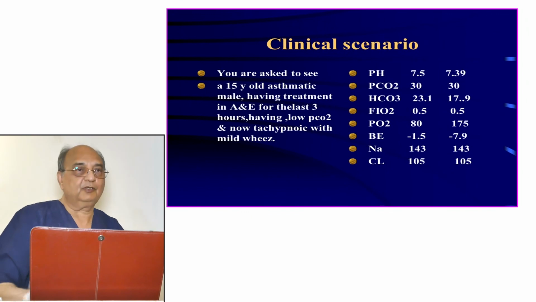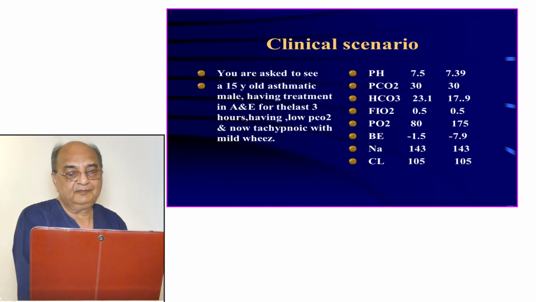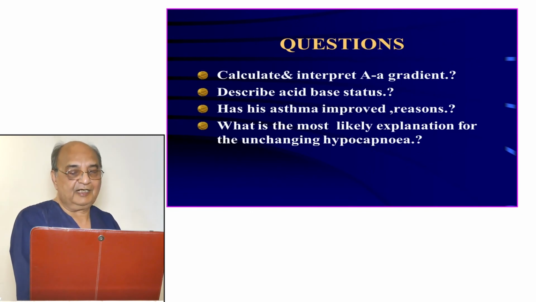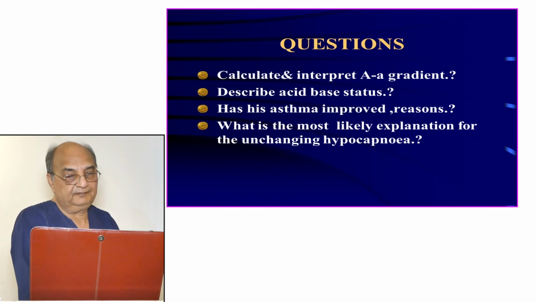Now, the question on this is: calculate and interpret the AA gradient. Describe the acid-base status. Has his asthma improved? Give your reasons. What is the most likely explanation for the unchanging hypocapnia?